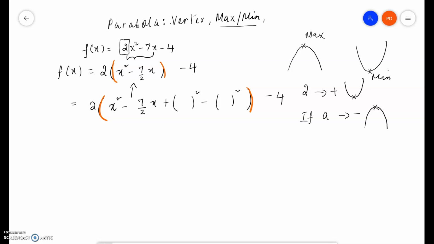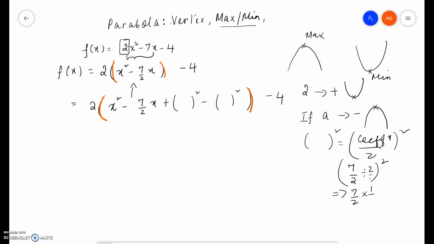Now we know what goes into those parentheses. What do we square? We take the coefficient of x, divide by 2, and then we square it. So the coefficient of x is 7 over 2. We divide by 2 and we square it. What that means is we take 7 over 2 multiplied by, flip this, so we have 1 over 2, the whole squared, which is 7 over 4, the whole squared.